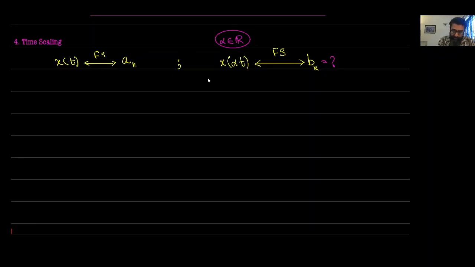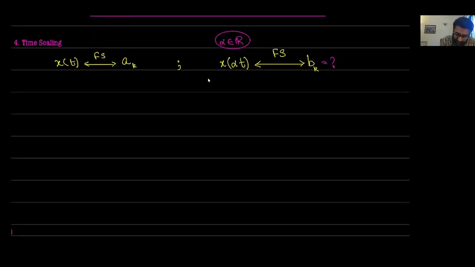So if x of t has a period of T, and corresponding to this a frequency of omega naught, the period for this changes to T by alpha, and the frequency, as you can verify, changes to alpha omega naught.